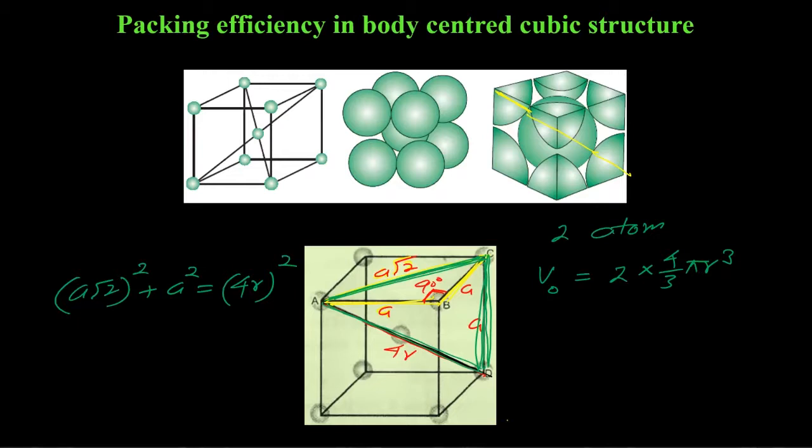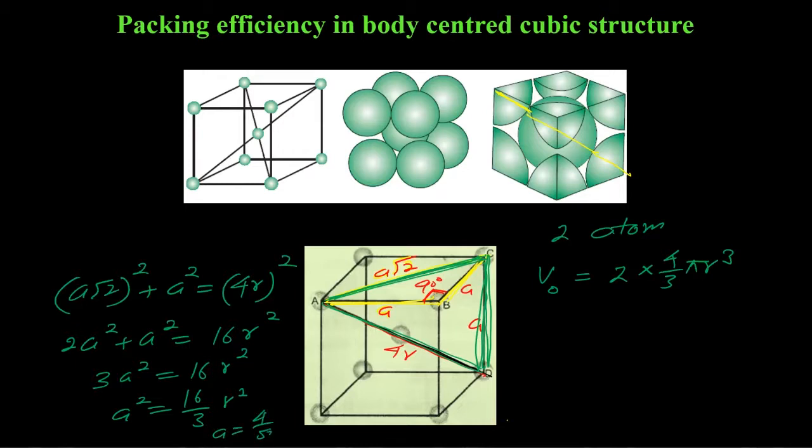From here we get 2A square plus A square equals 16r square, meaning 3A square equals 16r square, A square equals 16 by 3 r square, A equals 4 by root 3 r.